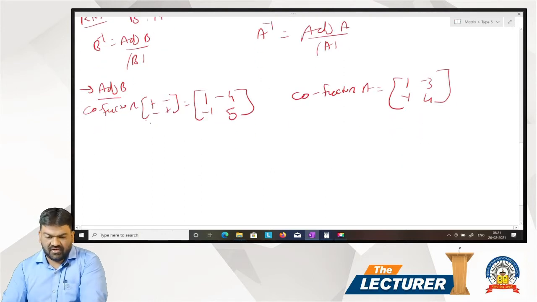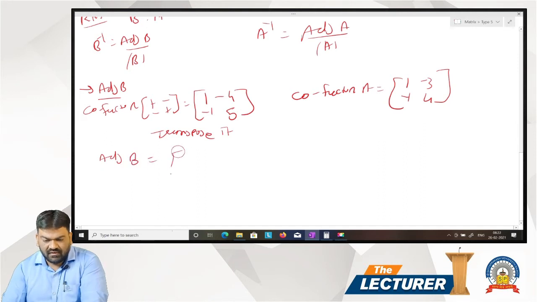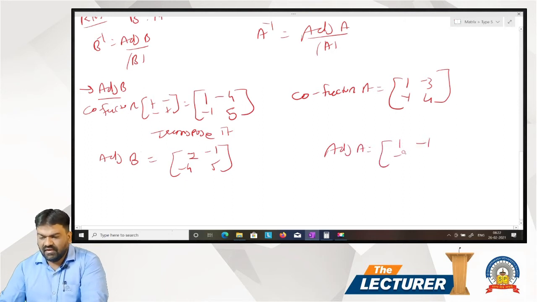Transpose it એટલે આપણે મળશે adjoint. Adjoint of B is [1 -1; -4 5]. Same way, adjoint of A is [1 -1; -3 4].